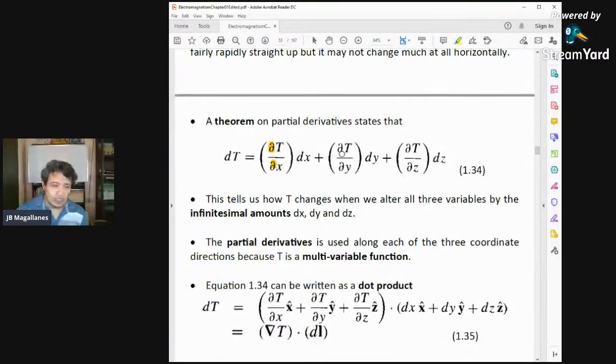You can only use partial derivative if you're getting the derivative of a multivariable function with respect to a single variable. In this case, x. In this case, y. In this case, z. But then you have to multiply with dx, dy, and dz. And here you use d because this is a total derivative.